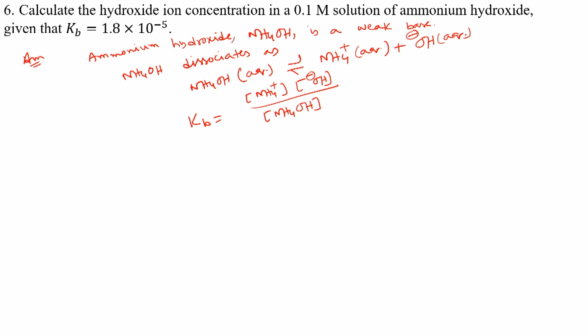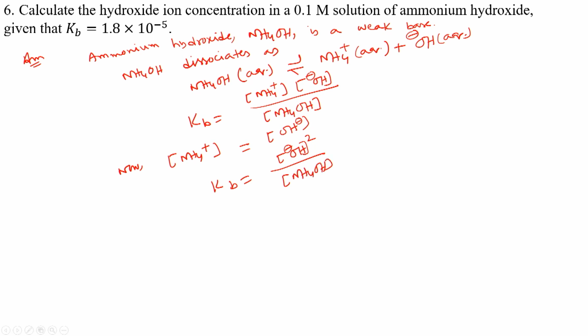So, concentration of NH4 plus equals concentration of OH minus, and concentration of NH4OH is 0.1 M. So, we can write Kb is concentration of OH minus raised to the 2 by concentration of NH4OH.